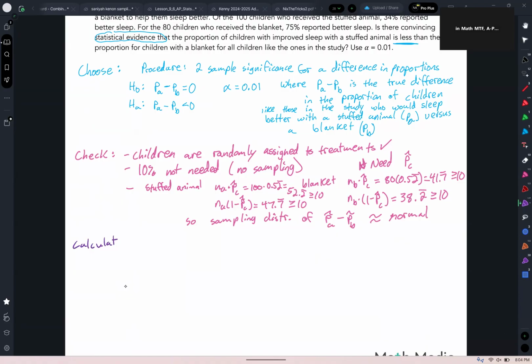Students get upset about it all the time. All I'm really doing is plugging values in and then using the calculator to do everything. So I'm skipping the general step. We need to recognize that it's the statistic minus the parameter.